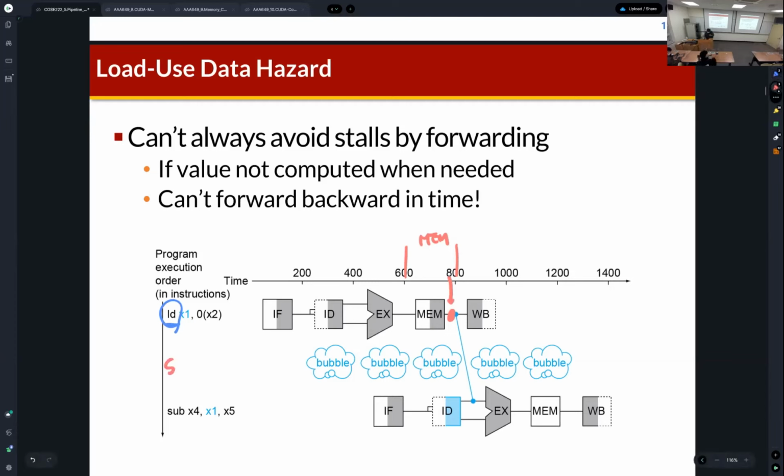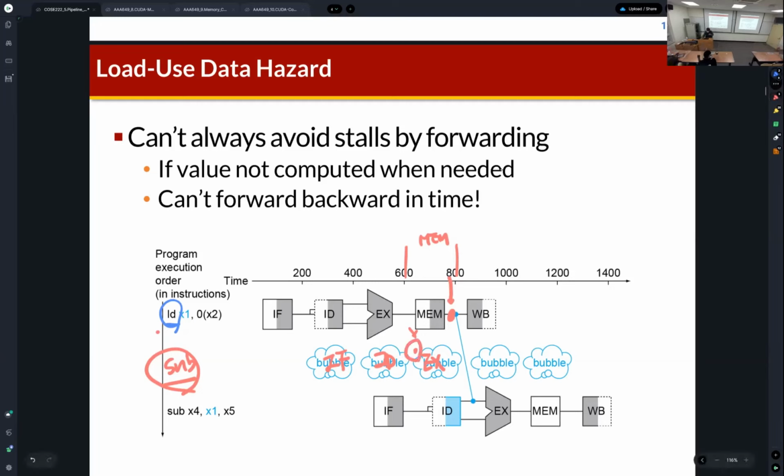Which means that if the sub instruction is executed, like instruction fetch, instruction decoding, and then EX, then this sub instruction requires data of this load instruction at the early part of the EX stage, at this point.